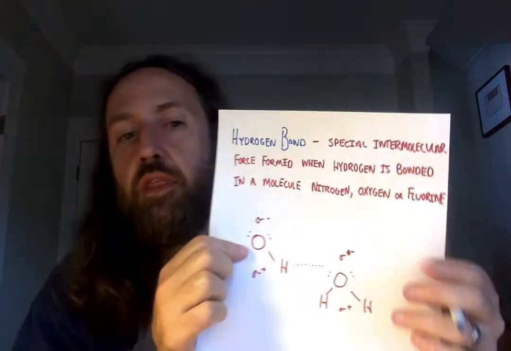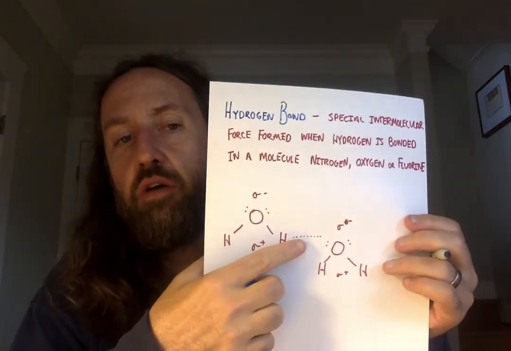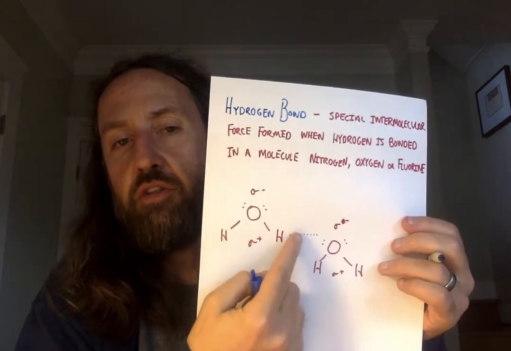Now, it's not the strength of a covalent bond, which is intra, I-N-T-R-A, within, but it's still going to have a connection, okay? And so you're still going to have that connection there.